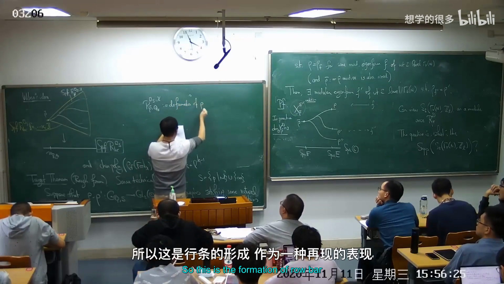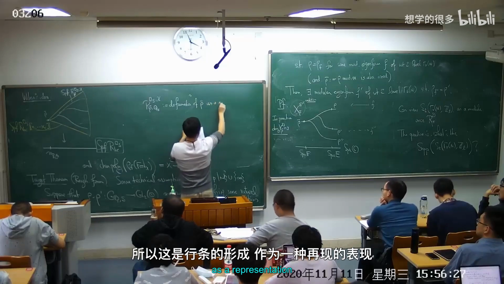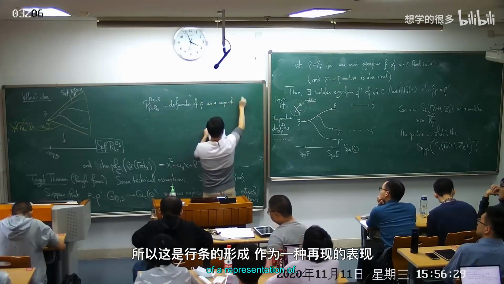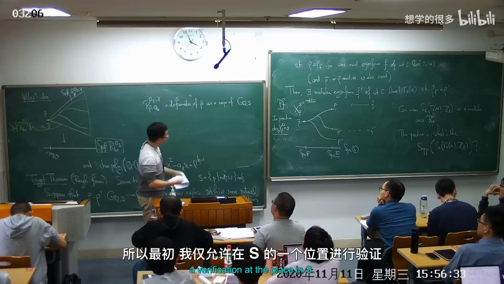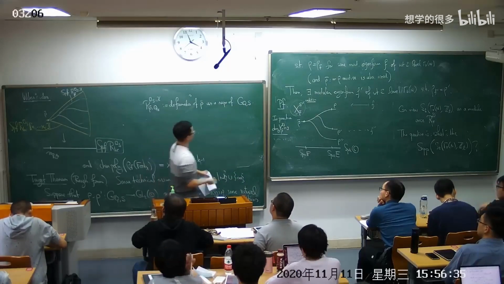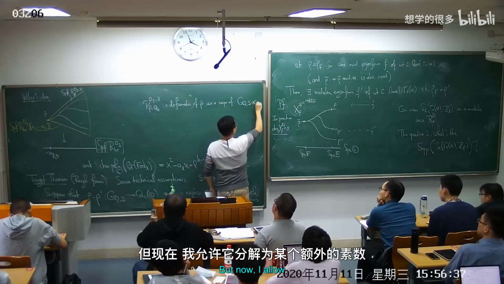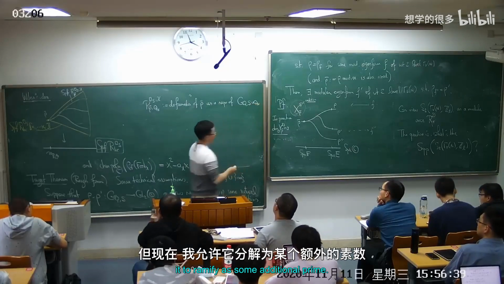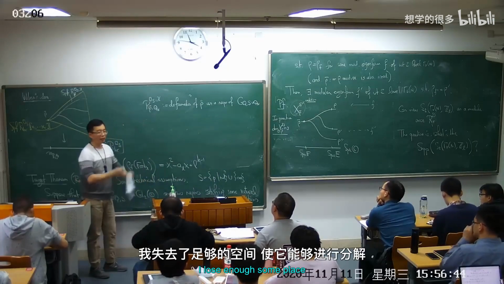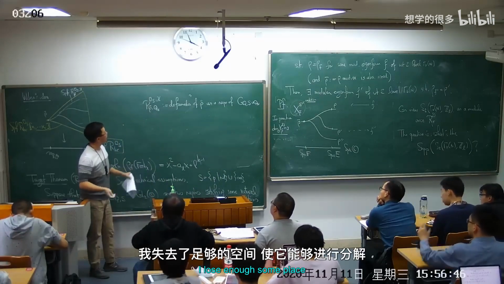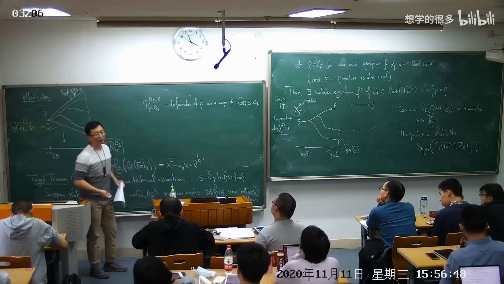of rho bar as a representation of, so originally I only allow ramification at the places in S, but now I allow it to ramify at some additional primes. Okay, I loosen up some places to allow it to be able to ramify.